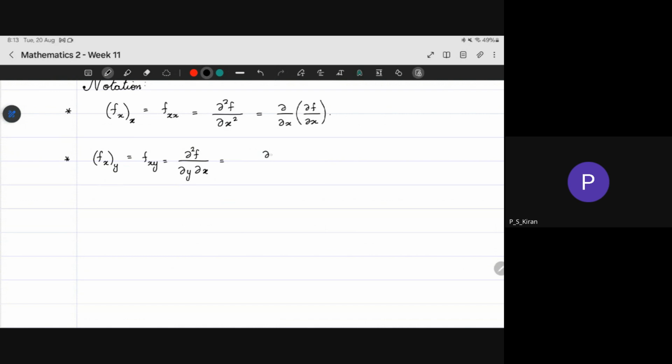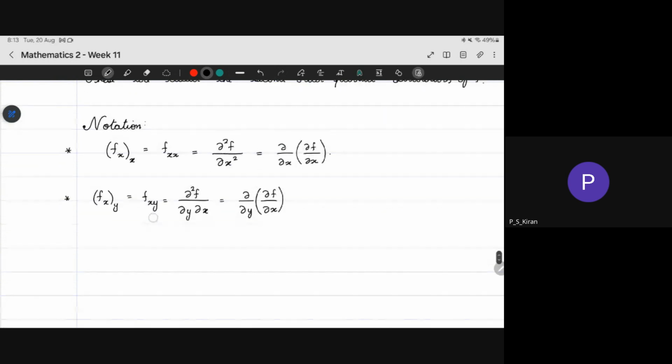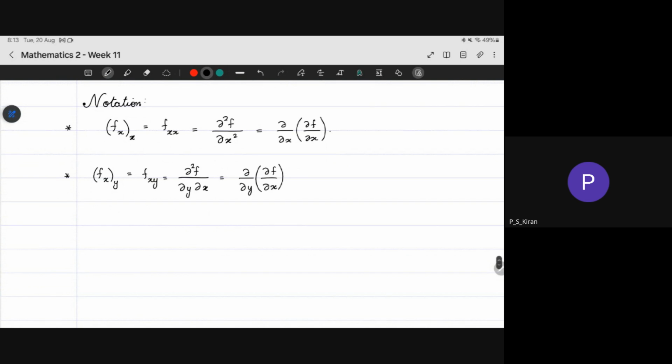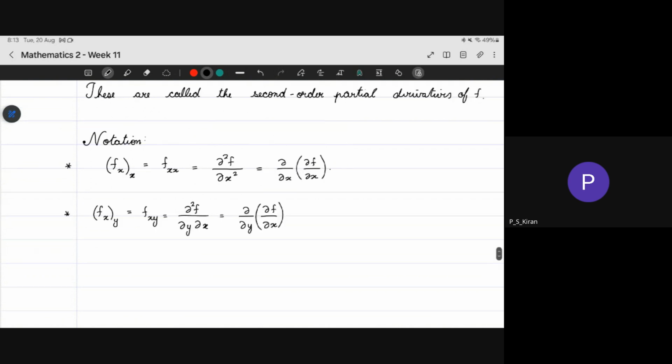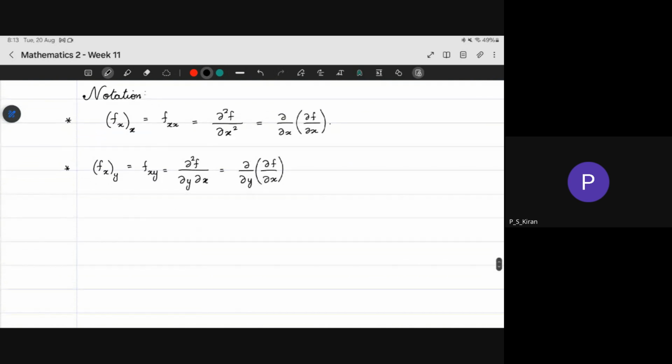So first you have f_x, which is del f by del x, and then you are differentiating that with respect to y. So here it comes in the order xy, but here it is written in the order yx. Both of them mean that you differentiate first with respect to x and then with respect to y. Don't get confused with that.